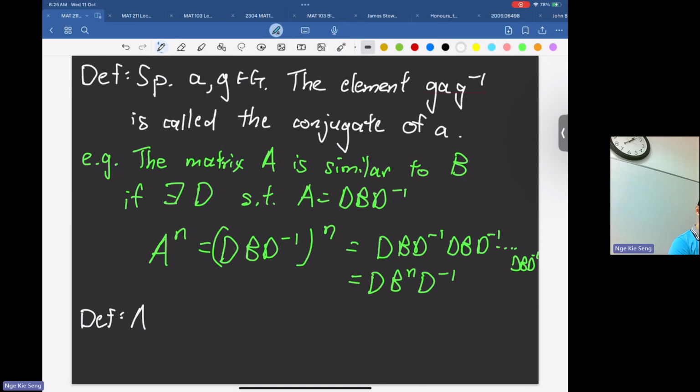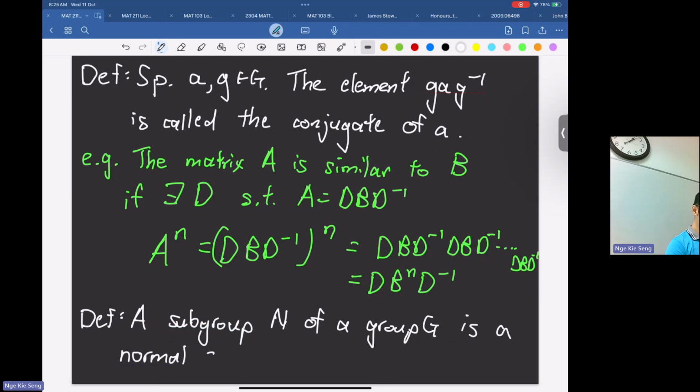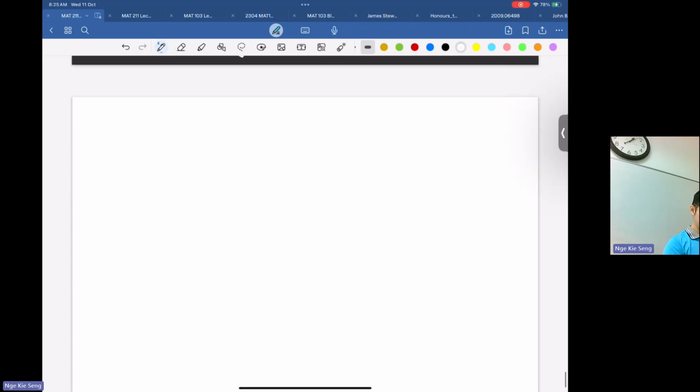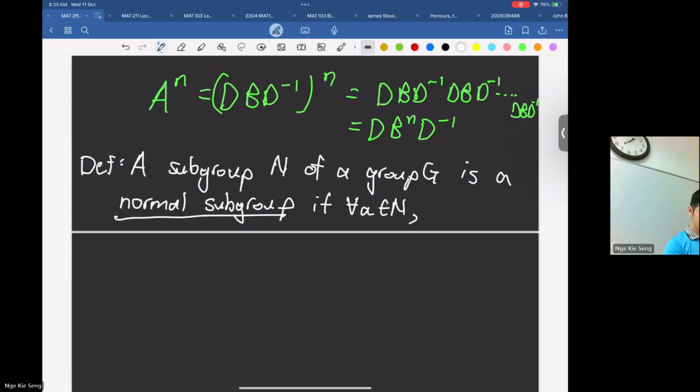Okay. So definition. A subgroup, denoted N, is a normal subgroup. Normal subgroups will play a very important role in group theory, so please take note. If for every element in the subgroup N and for every g in the big G, how should you think of it?